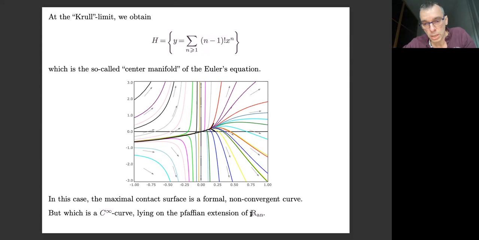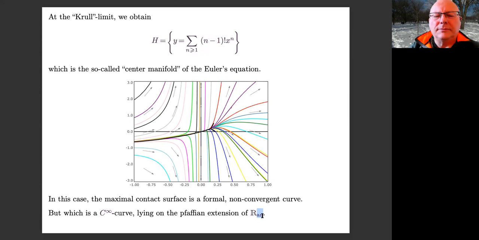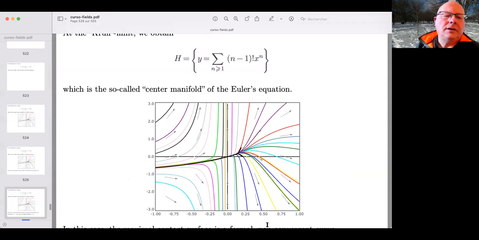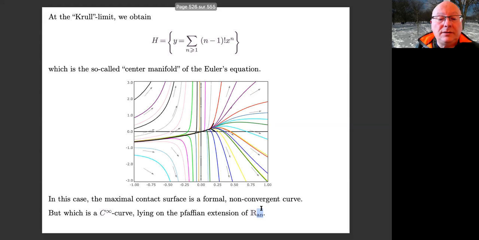Well, I think you don't even need the analytic functions here, because you see the coefficients of your vector field are just polynomials. Oh, Daniel, sorry. Yes. Can you hear me? Yeah. So when you say there is a C infinity curve, is there a specific C infinity curve which plays the role of the center manifold here? Is it what you mean?